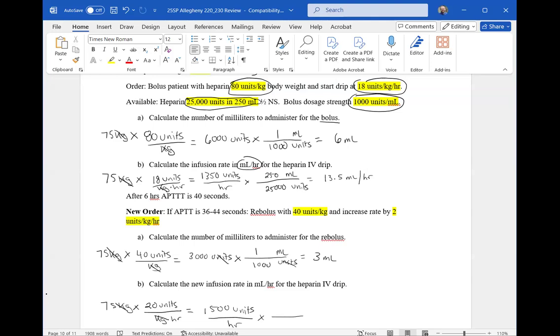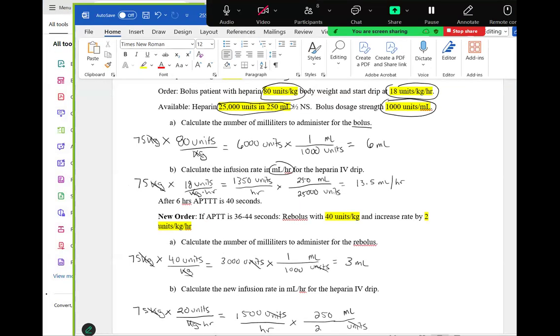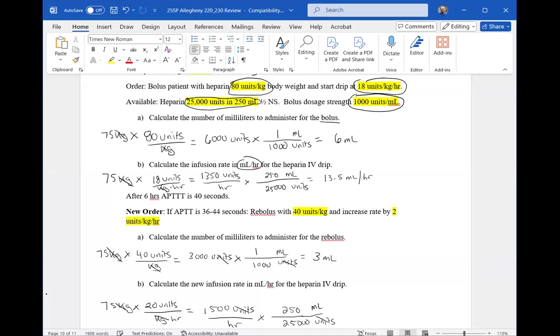And then I'm going to convert that to milliliters, and I'm going to use the 250 ml, 25,000 units. And I'm going to get 15 milliliters per hour.